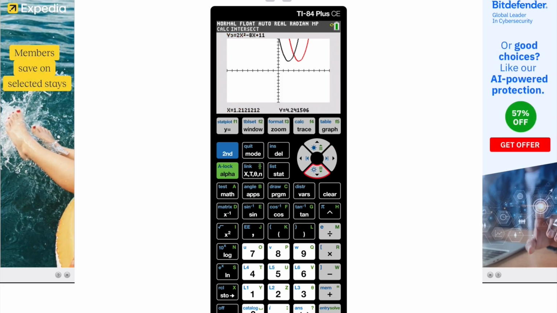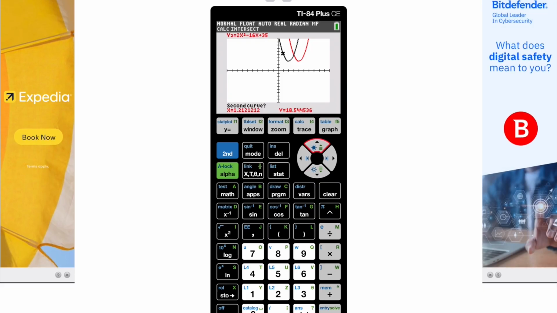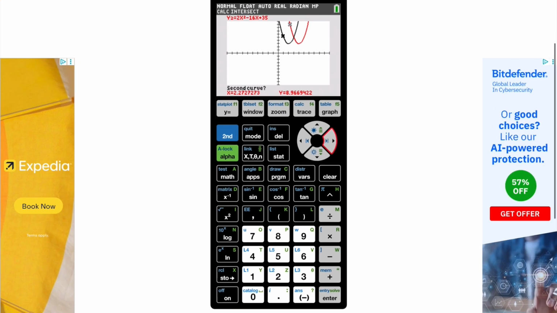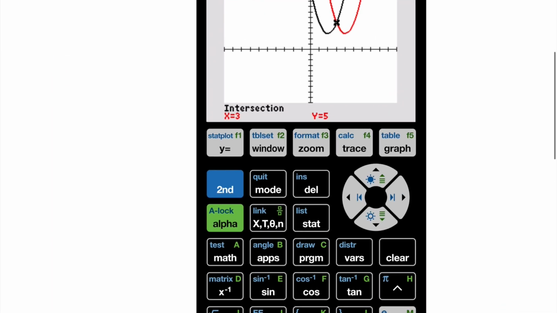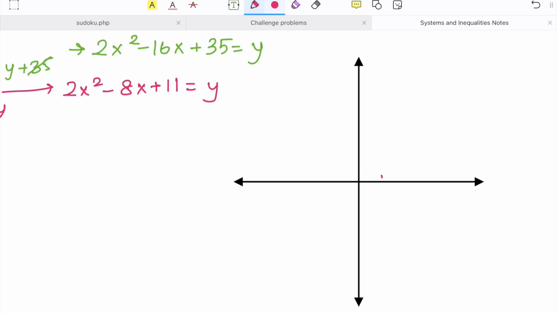So there you go. And the second curve is at y equal to 18.5, so I need to bring it down. So there it goes. Okay, and this is my point of intersection, which is 3, 5. So let's do that: 1, 2, 3, and 1, 2, 3, 4, 5.